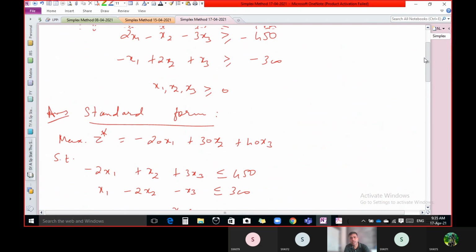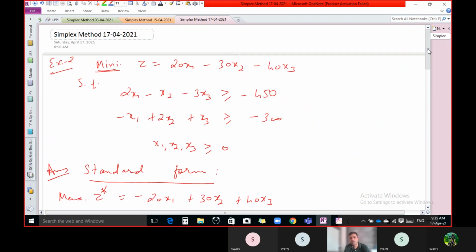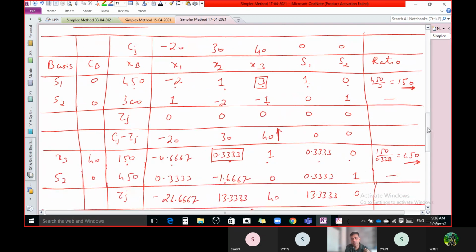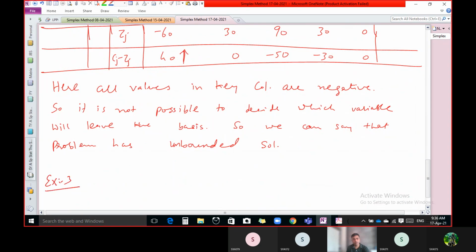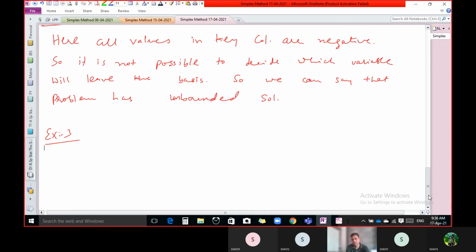In the next example, let us do one more example to get a better idea about this. Another question number 3. Solve the following by using the simplex method.